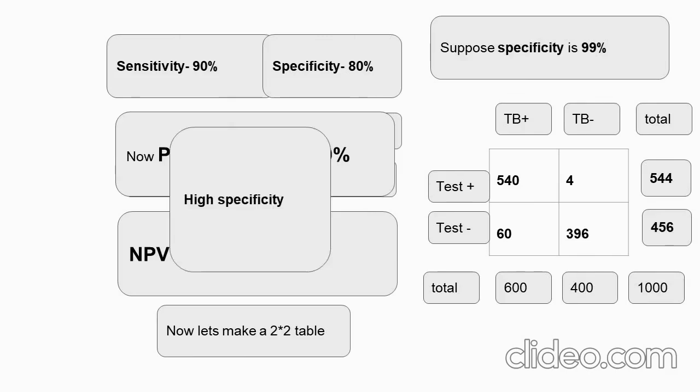So high specificity means PPV is increased, which means disease is effectively confirmed if the test comes positive.